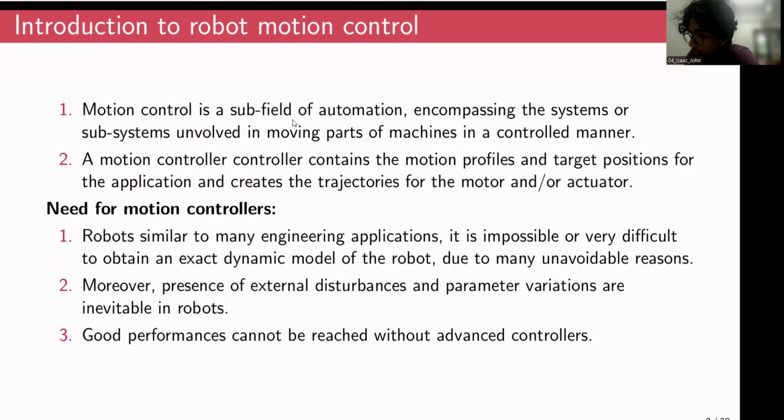as per a desired trajectory. And then the motion controller contains the motion profiles and target positions for the application and creates the trajectory for the motor and or actuator. So depending upon your controller, it could be a set point controller.